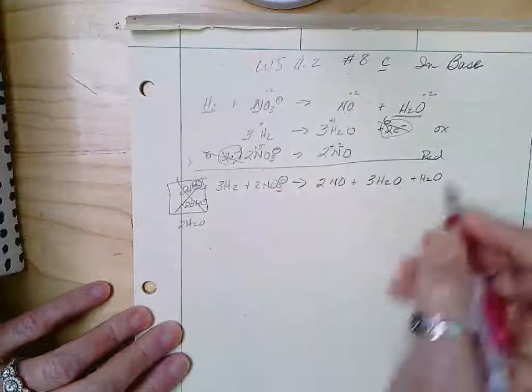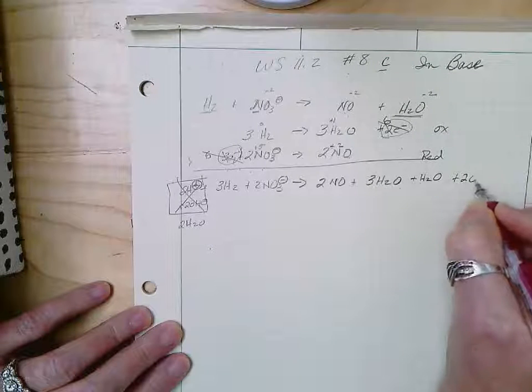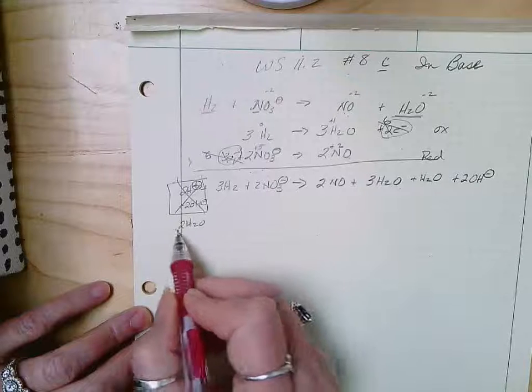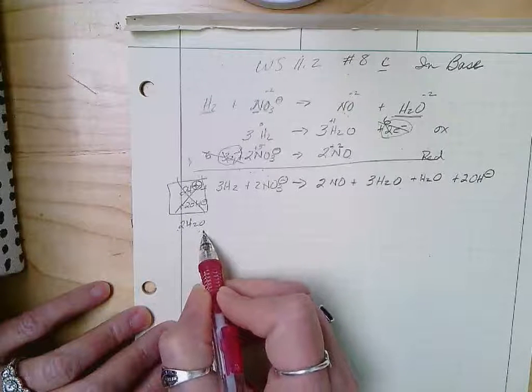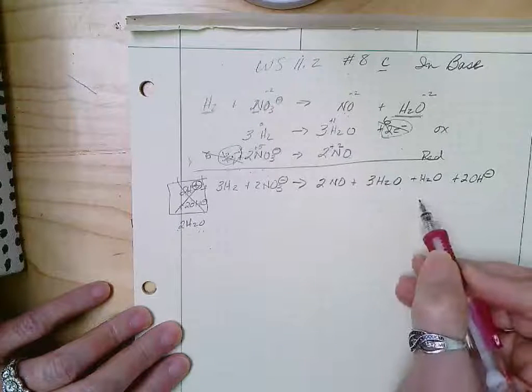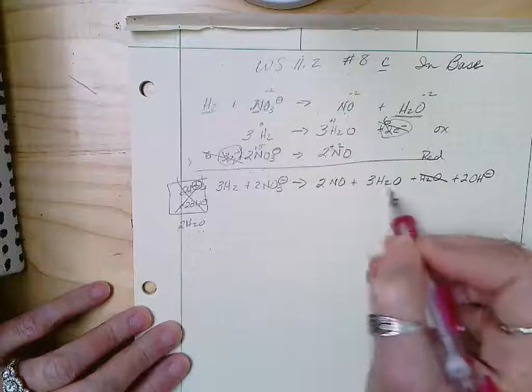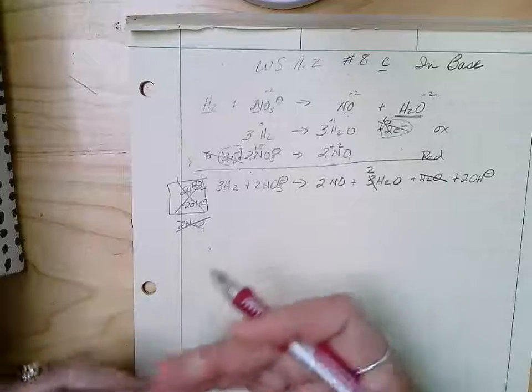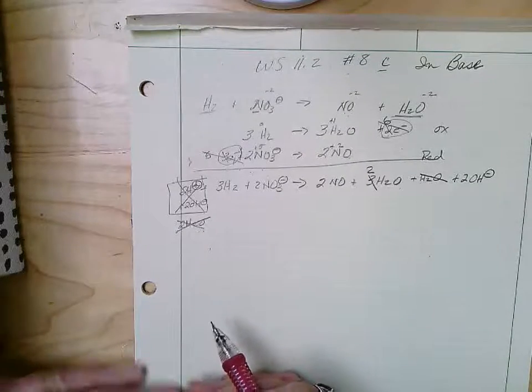And if I add 2 hydroxides here, I'm going to add 2 hydroxides over here. Now I have 2 water molecules here. I have 4 over here. I can get rid of 2 of those on both sides, just to make it into the lowest possible terms.